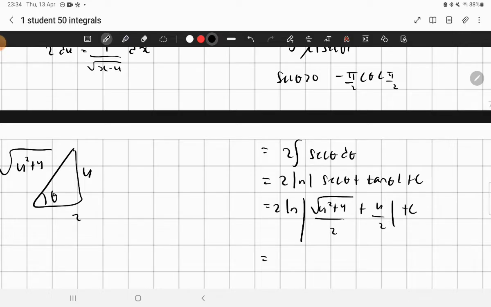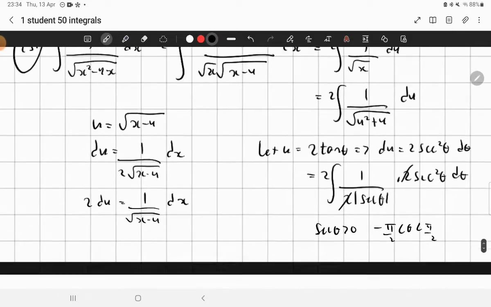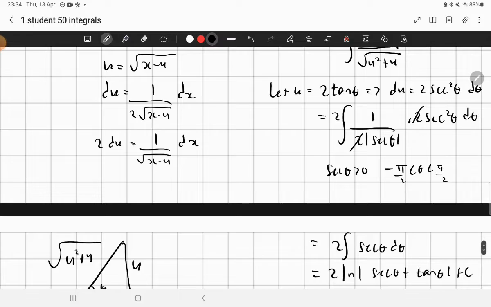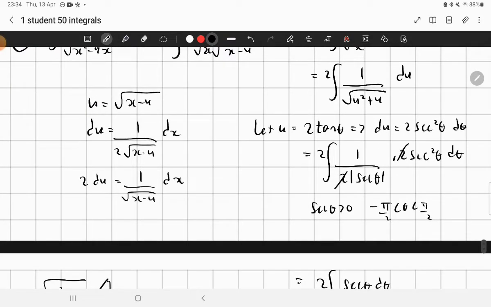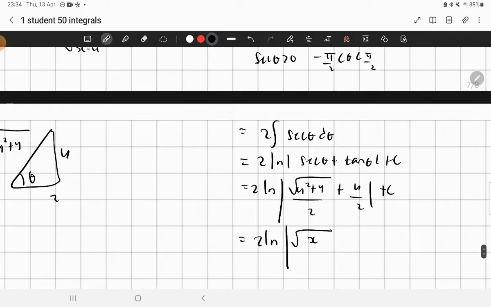And then from here, 2 ln u squared is x minus 4, so basically the square root of x minus 4 to the power of 2, we don't need the absolute value since we know that that value will always be positive no matter what. So we are left with x, because x minus 4 plus 4 will be 0, so you are left with x.